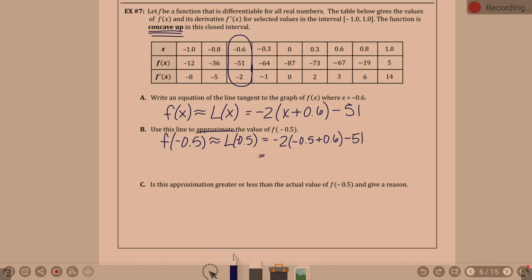Negative 2 times 1/10 is negative 2/10 minus 51. My mental math says negative 51.2.